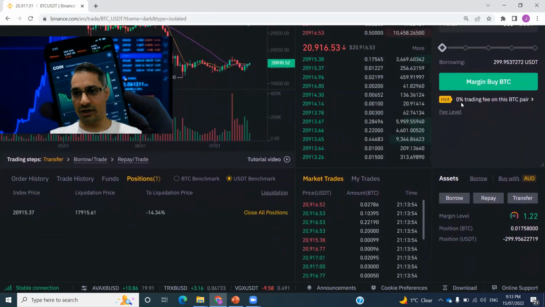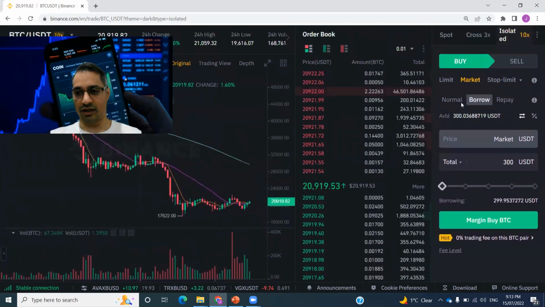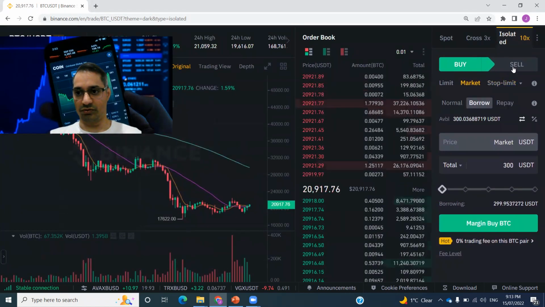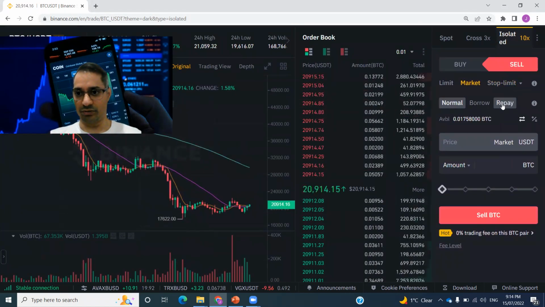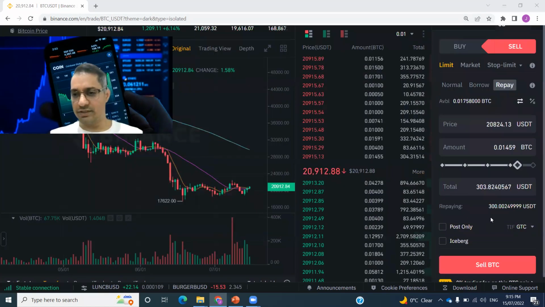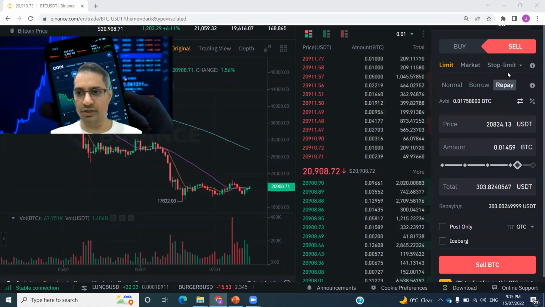What I can do is go to sell and go to repay. I'll just select the sell option and then the repay option. It will automatically repay the debt that I have, and also sell the Bitcoin that I bought on margin and then recover the money.